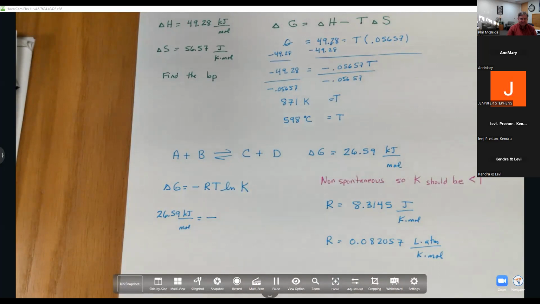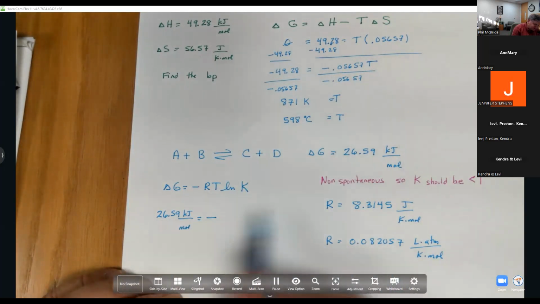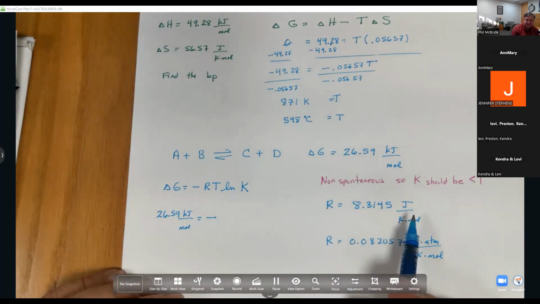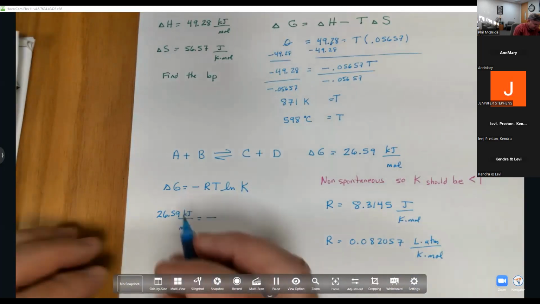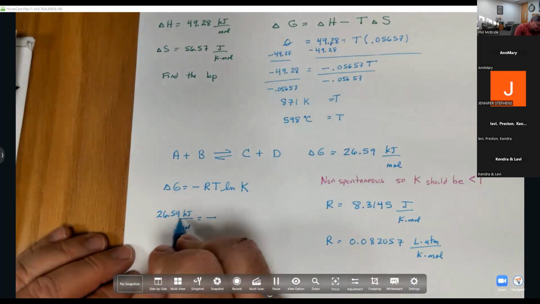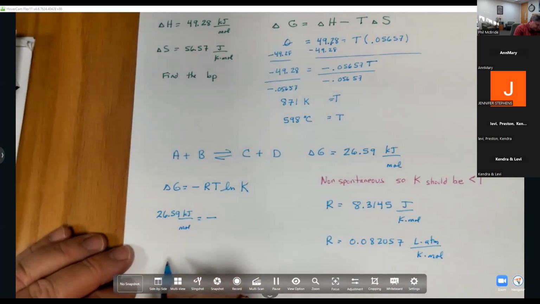Would you change the kilojoules per mole to joules? Kilojoules to joules, or joules to kilojoules? Kilojoules to joules. All right, so how do I change 26.59 into joules? Would you divide by 100?